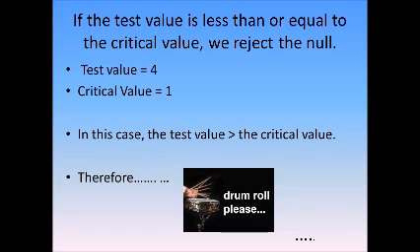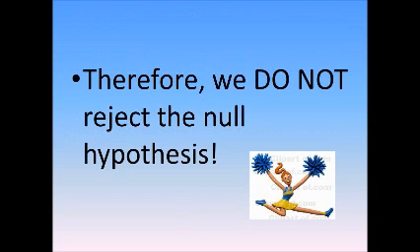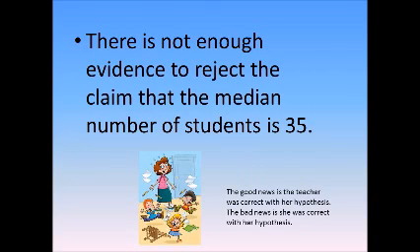In this case, her test value is 4, the critical value is 1, so the test value is greater than the critical value. Therefore, we do not reject the null hypothesis. There is not enough evidence to reject the claim that the median number of students is 35. That's good news for the teacher because she was correct, but it's also bad news because she's correct.